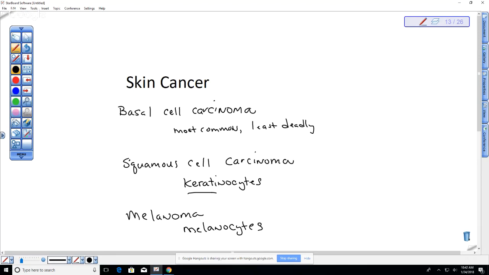You can always tell the difference between melanoma and the other types of skin cancer because of its dark color. This tends to be rare overall, but it tends to also be more common in younger people. Where we see basal and squamous cell carcinoma in older people, melanoma can be kind of common in younger people. And this rapidly metastasizes.